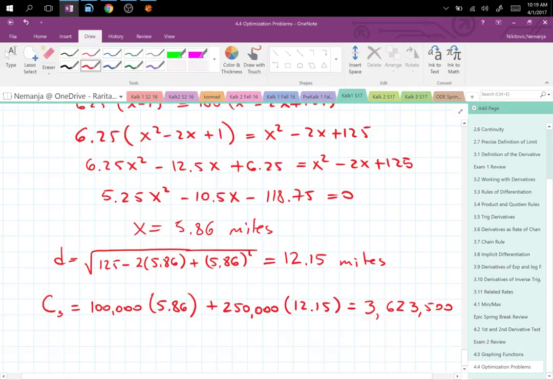Did you square root it? When you just plug it in, it's like 147 something. Well, let me see. I'll use the calculator. So the square root of 125 minus 2 times 6 plus... I still get 12.15.